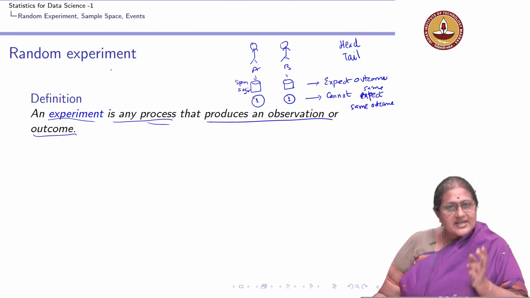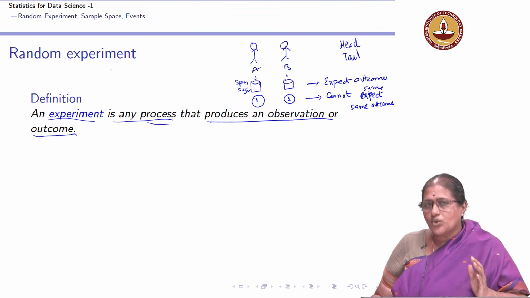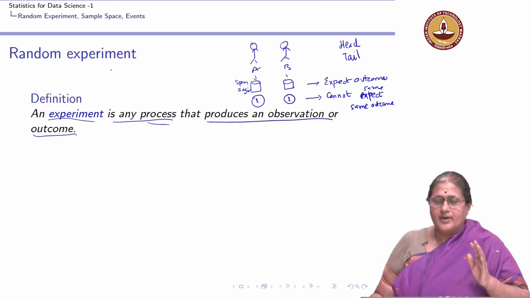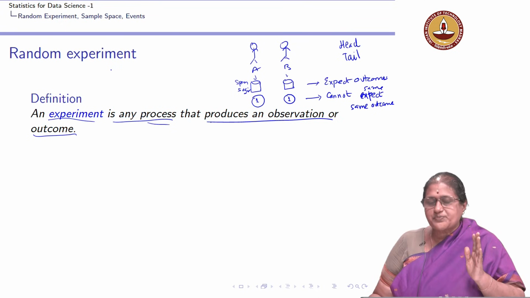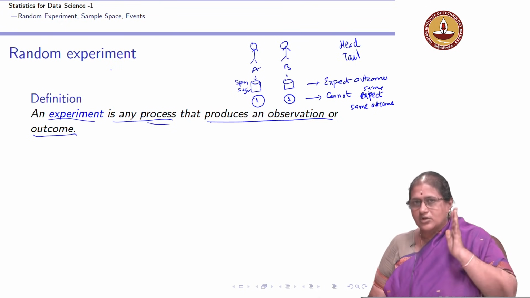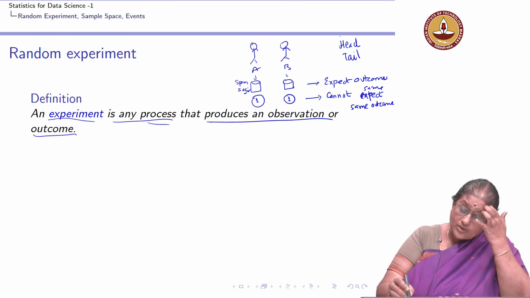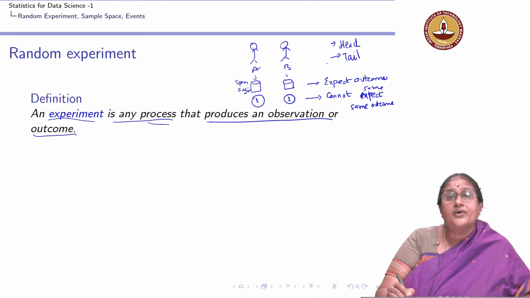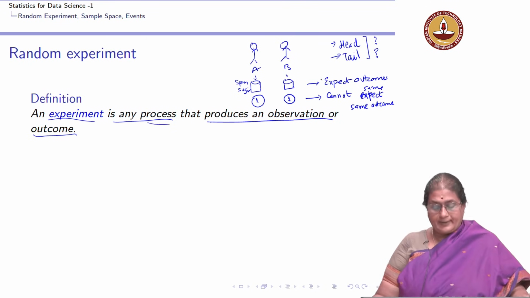So, the uncertainty is which of the outcomes is actually going to happen.